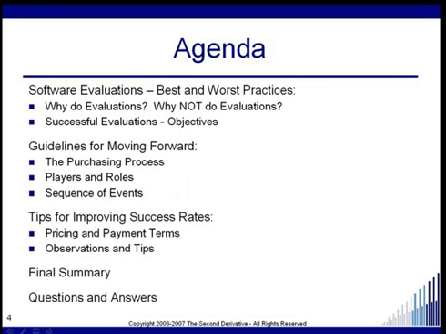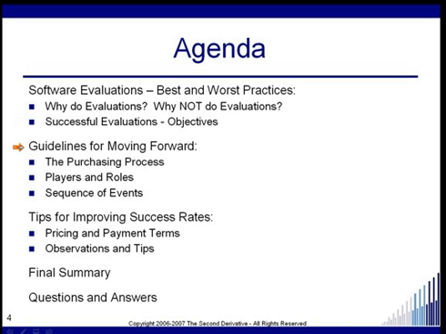So based on that, here's our agenda for our session today. Let me grab an arrow tool. The plan is to start off and talk about some best and worst practices with respect to evaluations and their brethren. Why would we do them, when not to do them, and take a look in particular at some key success criteria, particularly with respect to the objectives of an evaluation or a trial.